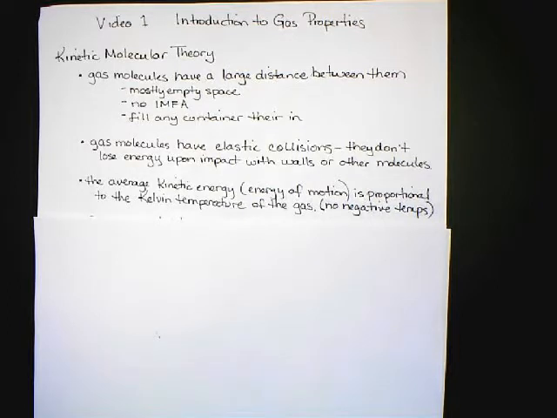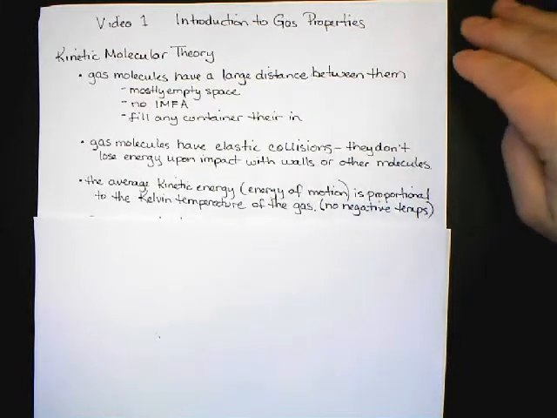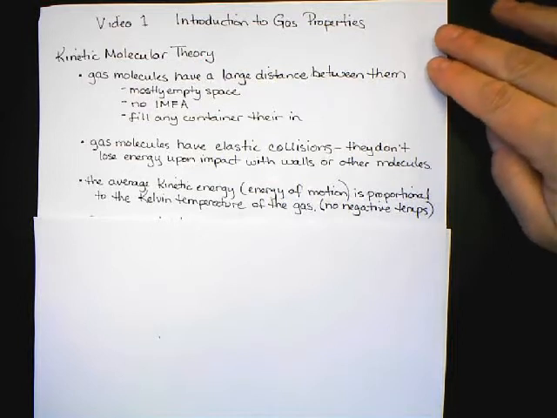So you don't have to deal with a negative number at all in your calculations, because it needs to be a direct correlation between motion and temperature. What does a negative temperature mean? That doesn't make sense. The molecules aren't moving backwards, they're just moving. So we use Kelvin for any sort of calculation involving gases.